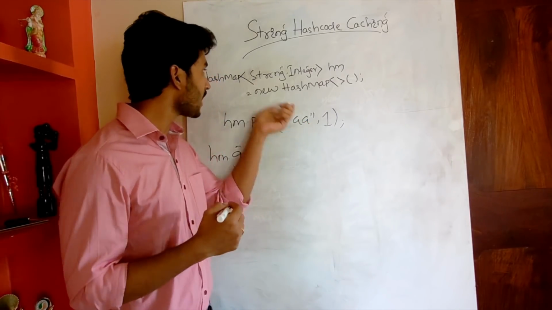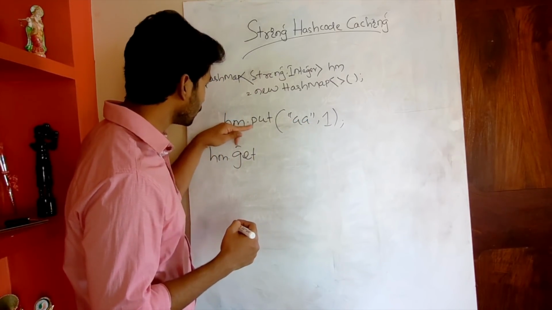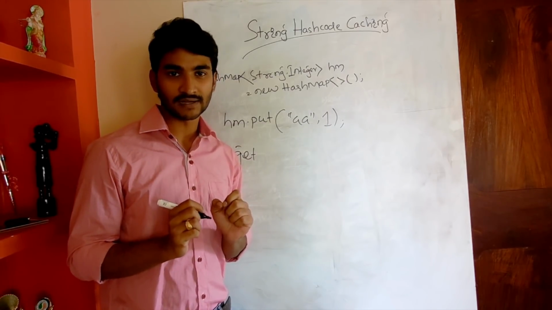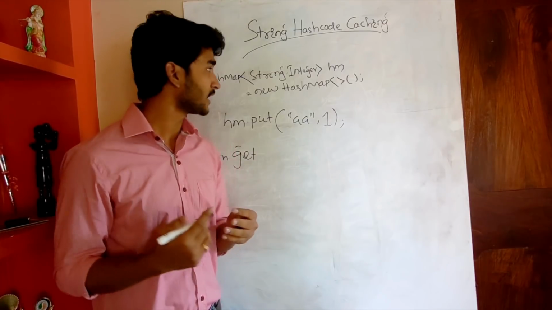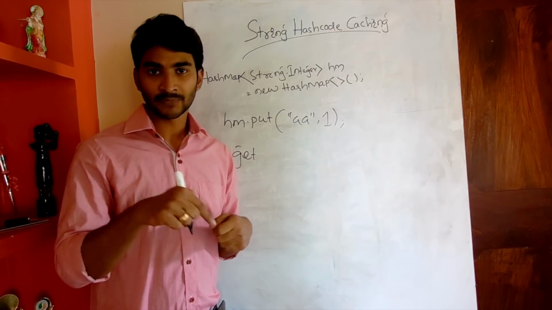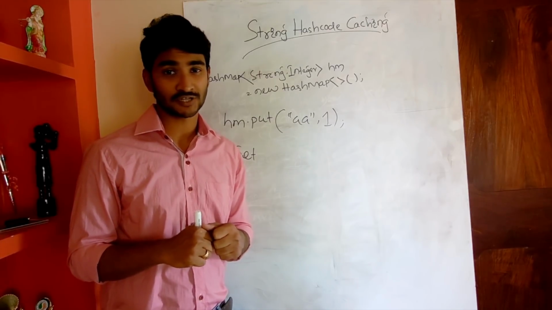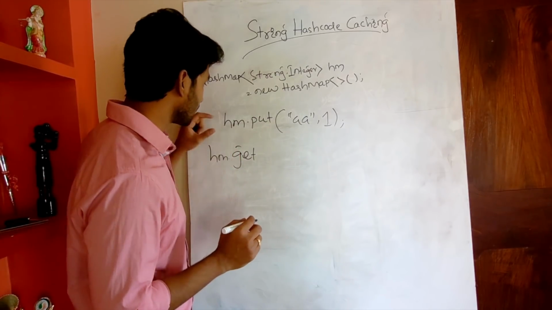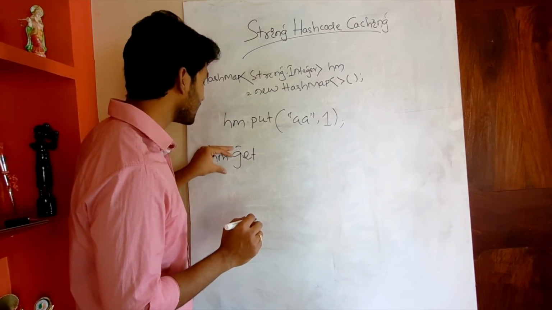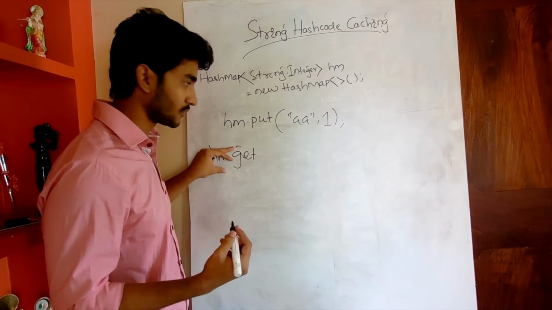So in your hash map, whenever you're doing a put or get operation, you are frequently calculating the hash code. I have covered it in my internal implementation of hash map video. If you haven't watched it yet, you can find the link down below in the description. But the point here is, each time we are putting an element or getting an element, we are calculating the hash code.